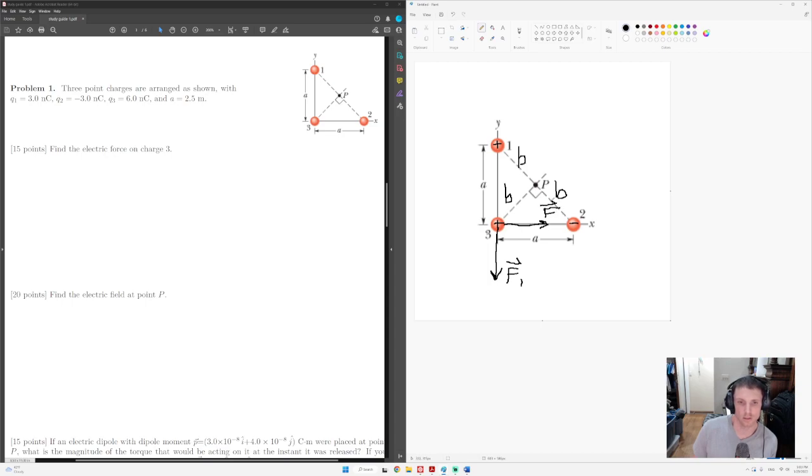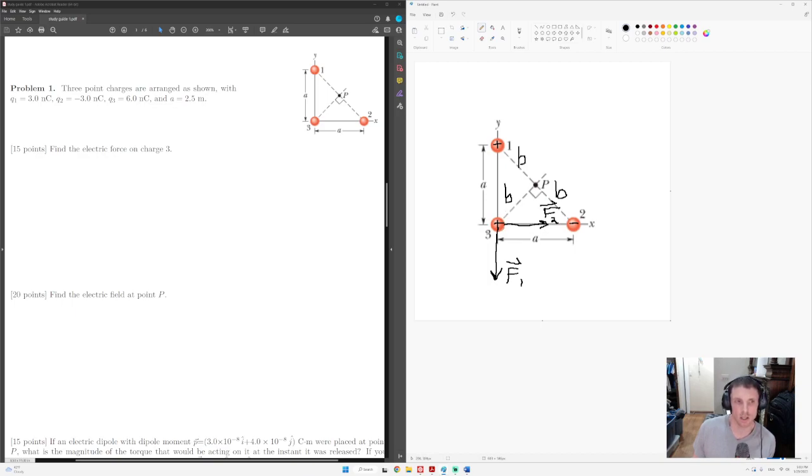And I'm trying to put this writing strategically so this doesn't get too cluttered, but I think it's just going to happen. Now, what we can say about these two forces right now is that they have the same magnitude, right? Because charge 1 has the same magnitude of charge as charge 2, and they both are the same distance away from the third charge, right?